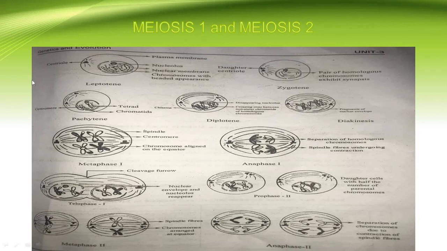This is the cell. In the cell we have nucleus. Nucleus will be surrounded by a nuclear membrane. In the nucleus we have another structure called nucleolus, and in the nucleus we have chromosomes, which will mainly help in the division here.